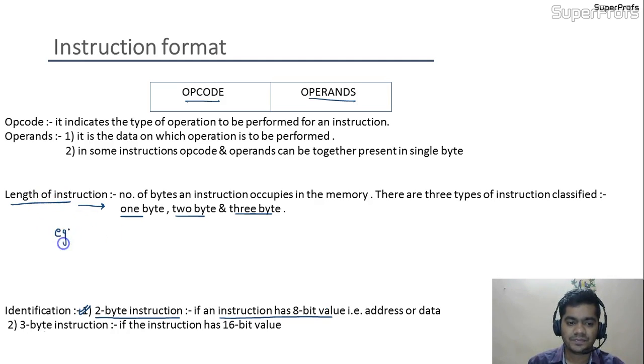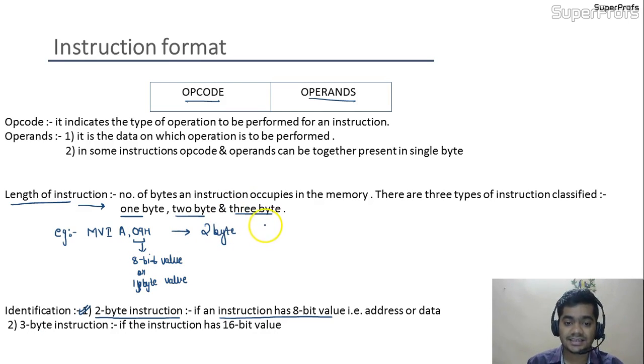For example, if the instruction is MVI A, 09H, we can see that it has an 8-bit value, or we can say 1 byte of value. If it contains this 8-bit value, it would be a 2 byte instruction.